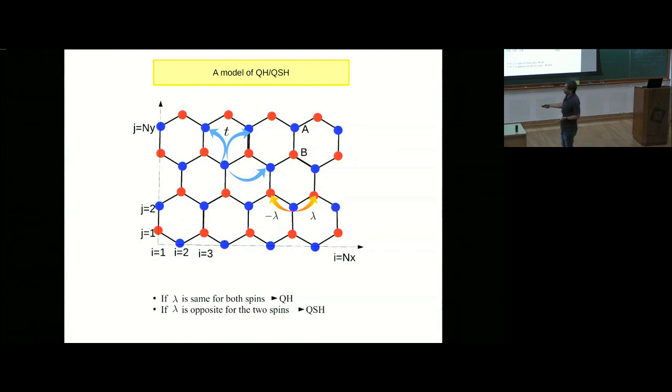If lambda is of opposite sign for opposite spins, so each of them is also doing the opposite for clockwise and anti-clockwise, then overall you don't break time reversal symmetry and you get a quantum spin Hall. So you get essentially two copies of quantum Hall with opposite spins, okay? This is one of the simplest models you can think of for the system.